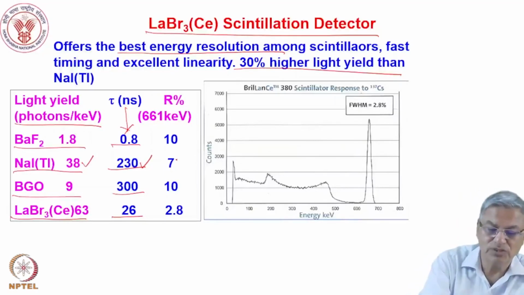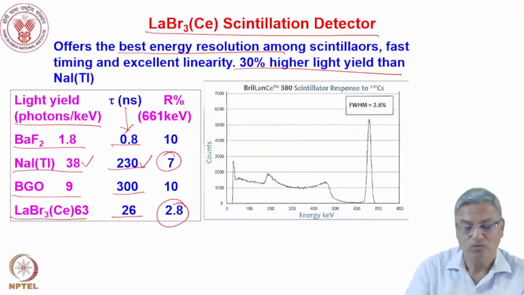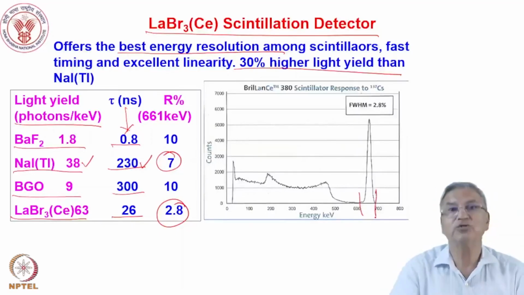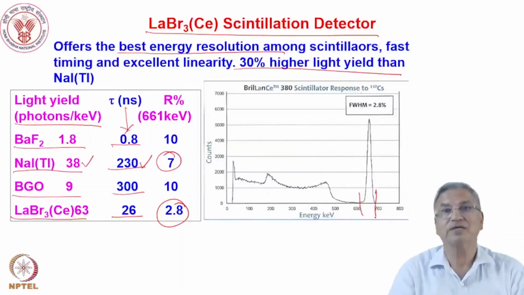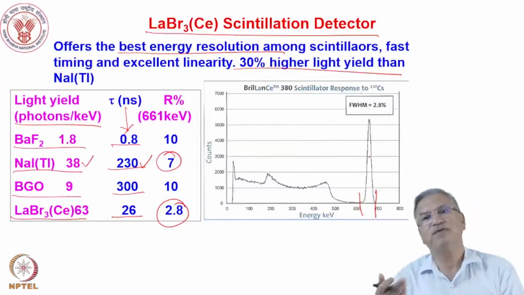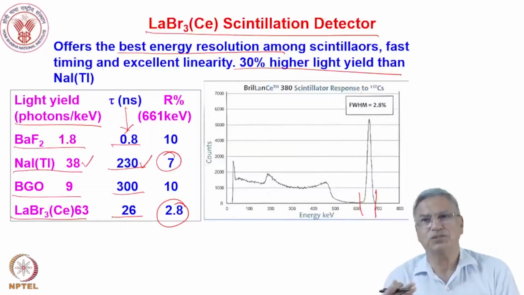The resolution, you can see, sodium iodide thallium 7%, lanthanum bromide 2.8%. This is a typical resolution of a lanthanum bromide detector, 2.8%. So this has in fact almost revolutionized gamma ray spectrometry with scintillators.